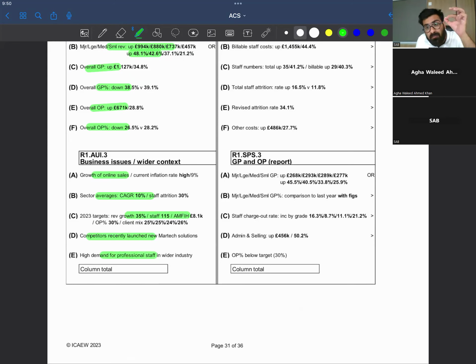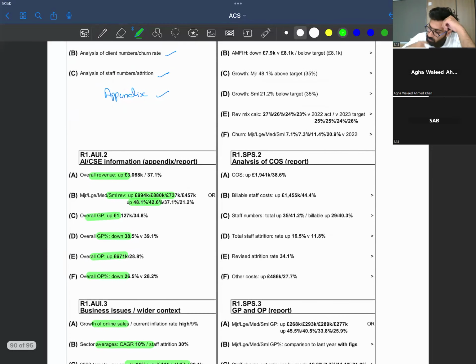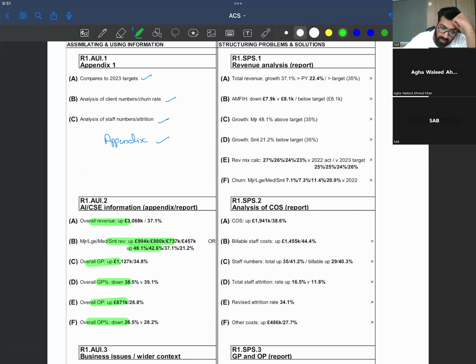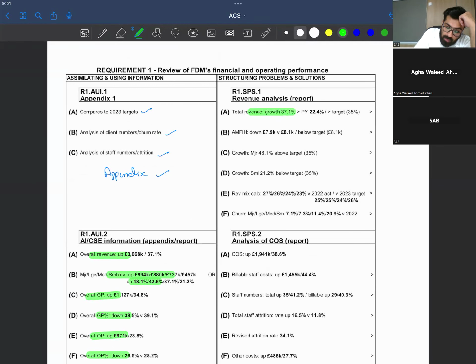Now, I'm not saying mention each and every point, but in order to pass this paper, you have to make sure that you are touching the maximum points, right? Then you have to mention this point, these points, and then this box will be ticked.